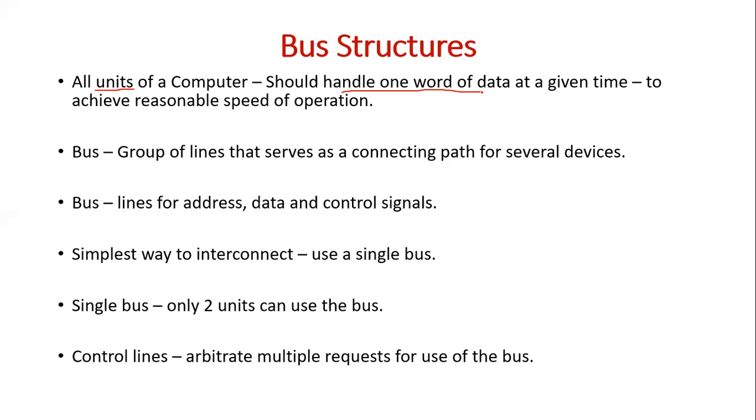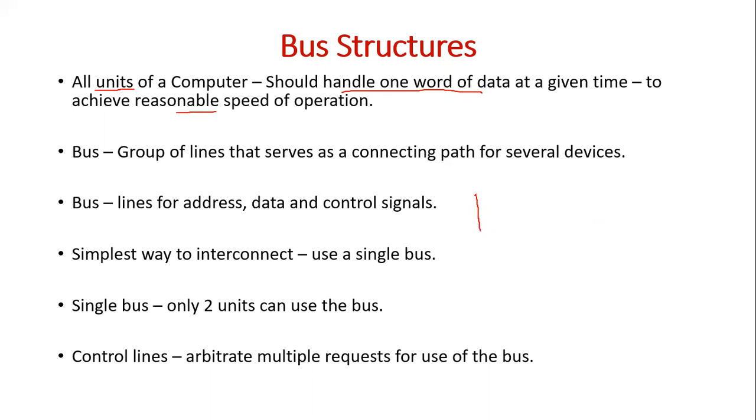Because the bus size is 64 bits, if the functional unit is also able to handle that much data at a time, then 64-bit data can be transferred through that bus immediately. That is the reason we say that the functional unit should be able to handle one word of data at a given time, to achieve a reasonable speed.